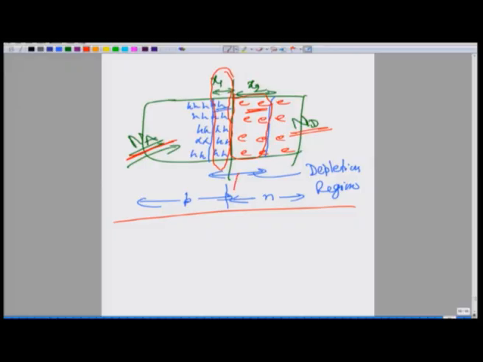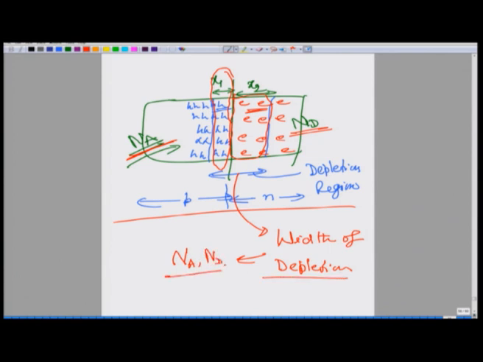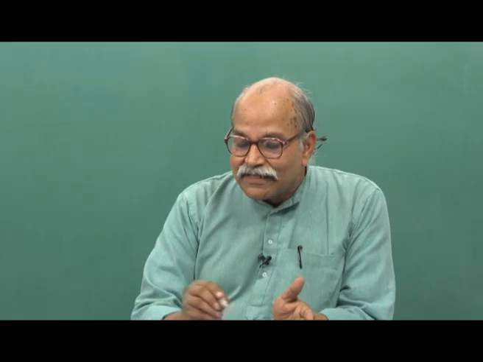The total width, called the width of the depletion region, depends on many things, especially the doping levels, Na, Nd, and then the electric field that is created.